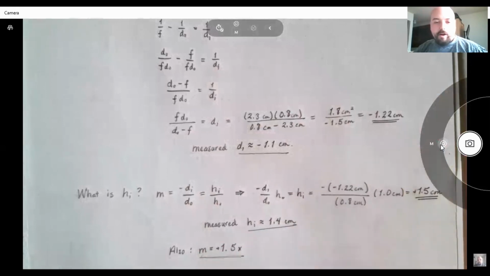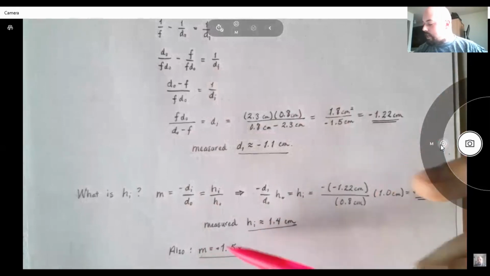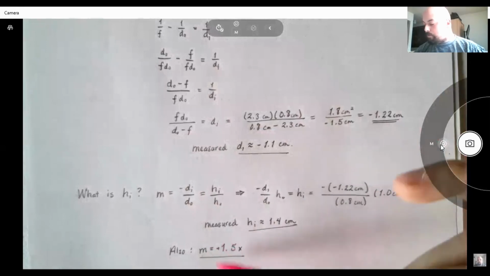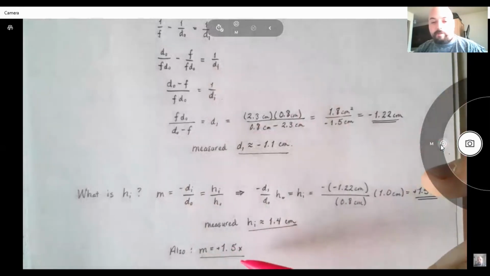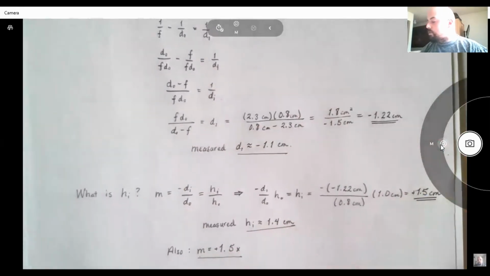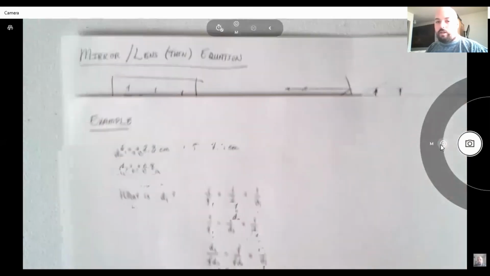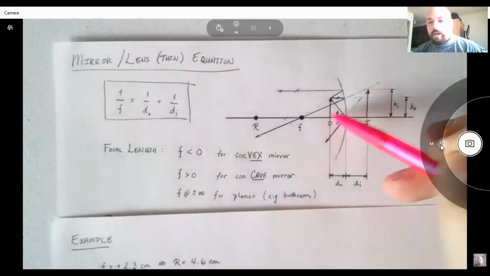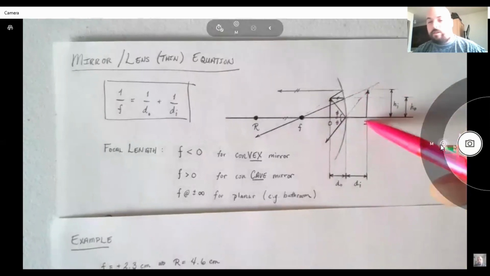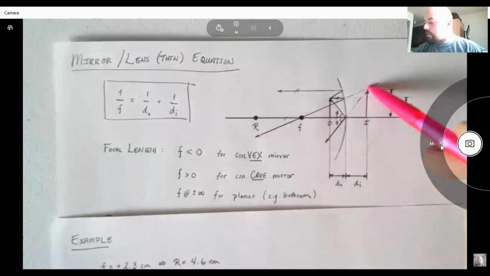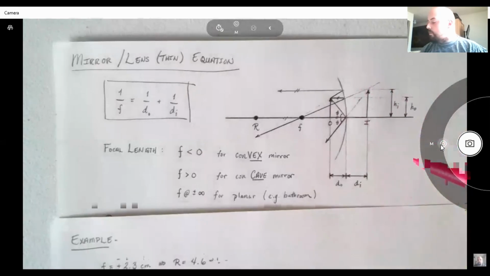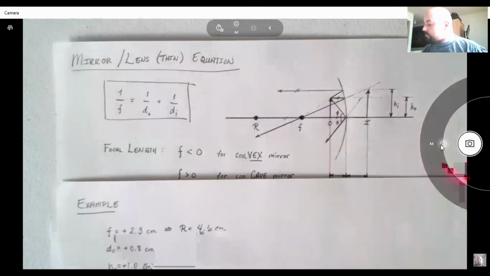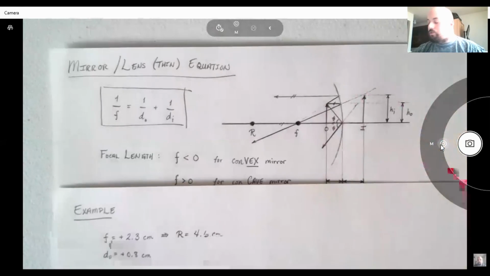Lastly, you can figure out what the magnification is, and in this case, this mirror blows up the object by 1.5 times its original size. If we go back to the diagram here, we see that the object is of this height and the image is of this height, indicating an enlargement of the image produced in this particular setup.